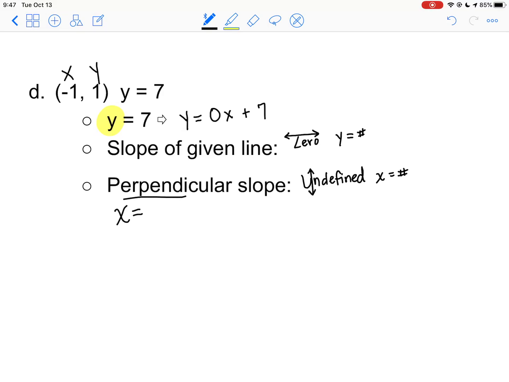If I am writing an x equals line, and I want it to go through this particular point, I'm going to look at the x value that was given to me. In that point, the x value is -1. So the perpendicular line that goes through that point is going to have an equation of x equals -1. This is the equation of a vertical line that hits the x-axis at -1.